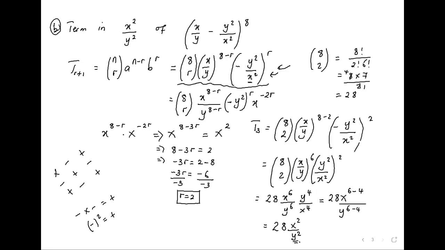It says in the binomial expansion of (1 plus x over k) to the power n, where k is a positive integer, the coefficients of x and x squared are equal.